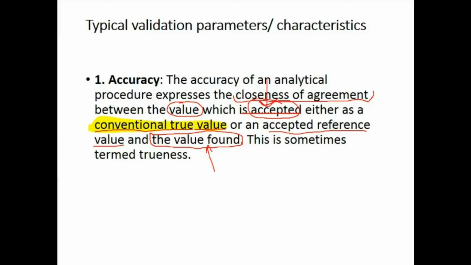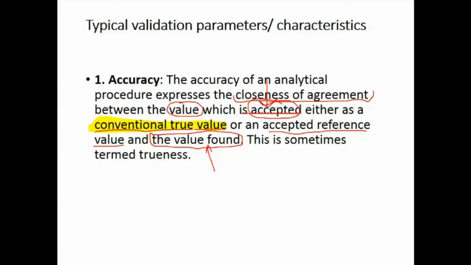Neutral pH, okay, 7. It is conventionally accepted that the neutral pH is 7. Then an accepted reference value. You can say, okay, at lambda max, that is 257 nanometer, paracetamol has an A 1 centimeter 1% of 725. Or it is 215.